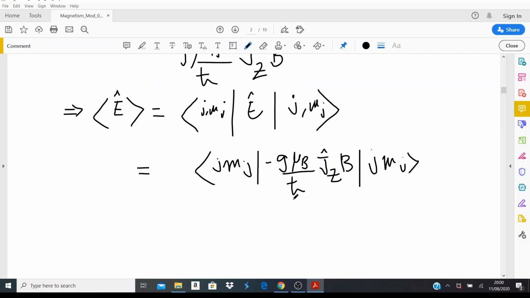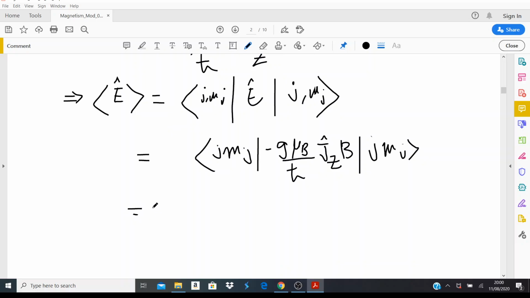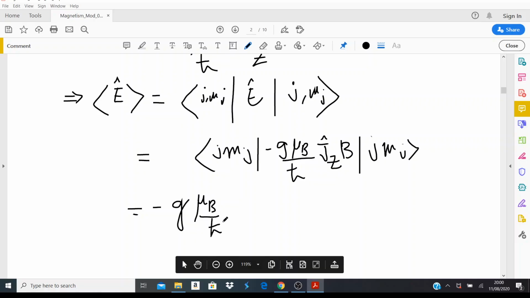So these are just some numbers. The only thing is the operator. We will keep the operator inside the expectation value and bring everything else out, because B is also a number, the magnetic field strength. So let's bring everything out from this expression. We have g, mu B, h bar and B outside.